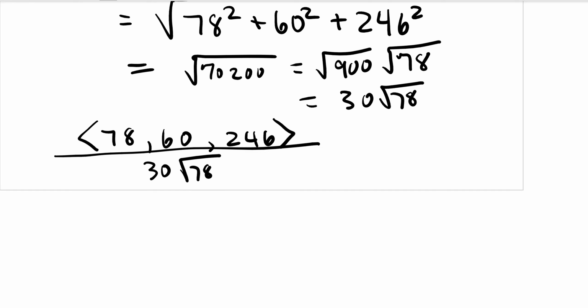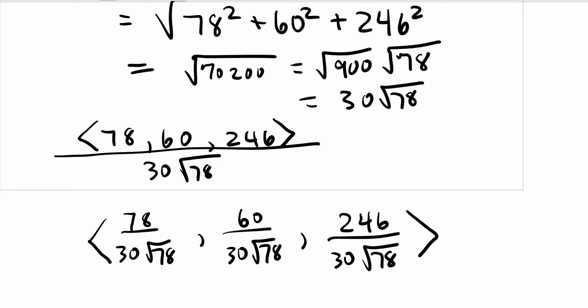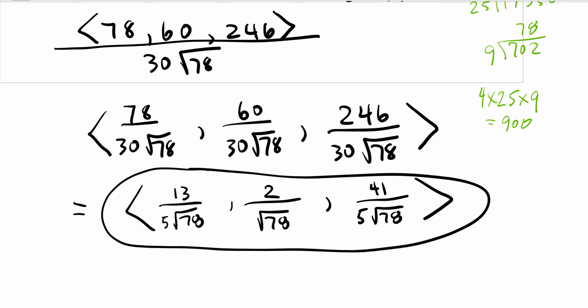And to divide a vector by a number means each coordinate should be divided by the number, like so. And then I simplified each of those coordinates to this answer. So this vector is orthogonal to both u and v, the given vectors, and this vector also has length 1.